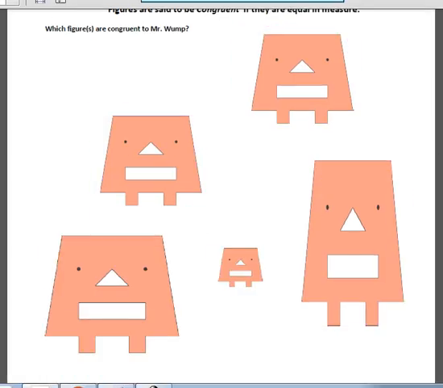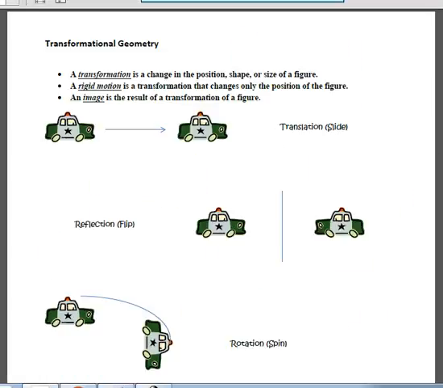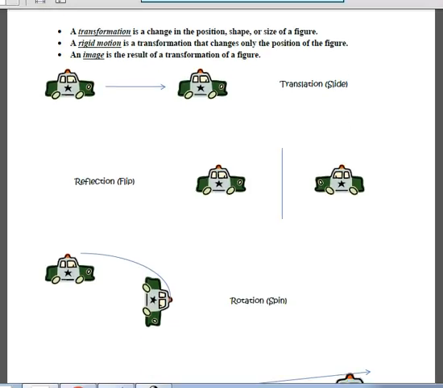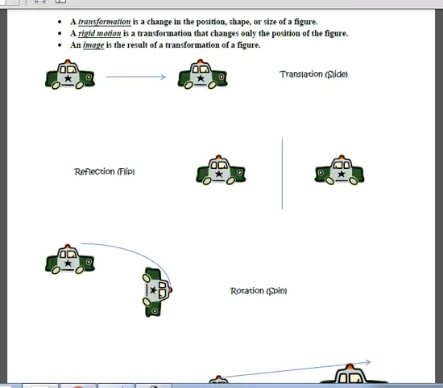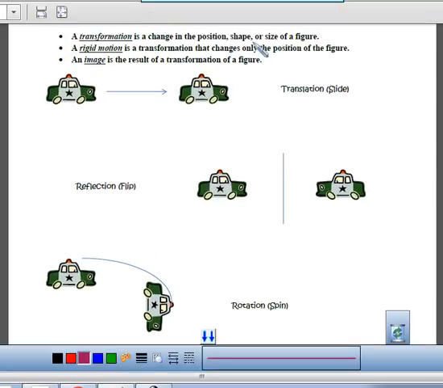Okay, over on page 2. So we have some more information. Some more definitions. So we have first a transformation, and that is a change in position, shape, or size of a figure.